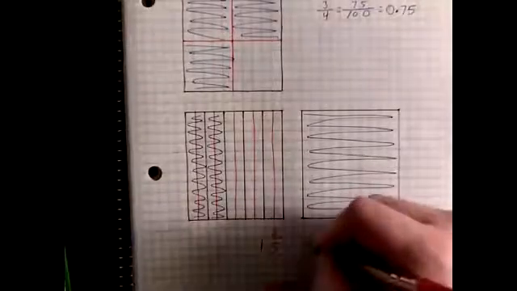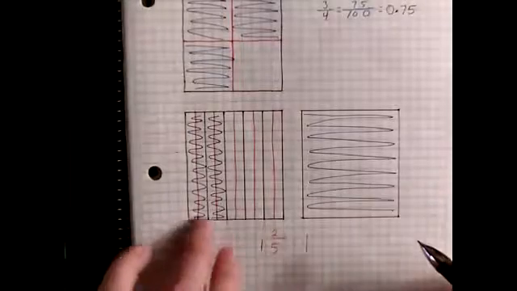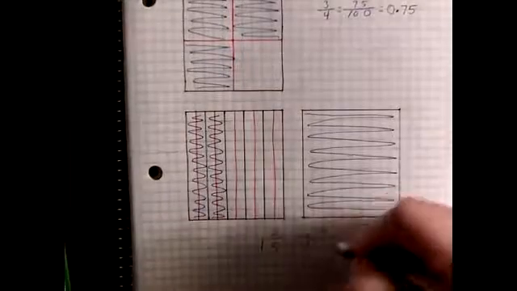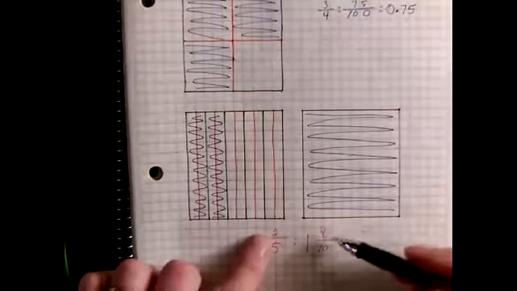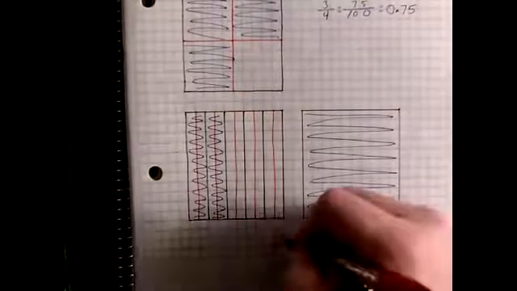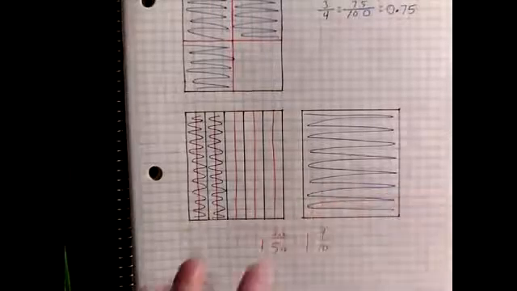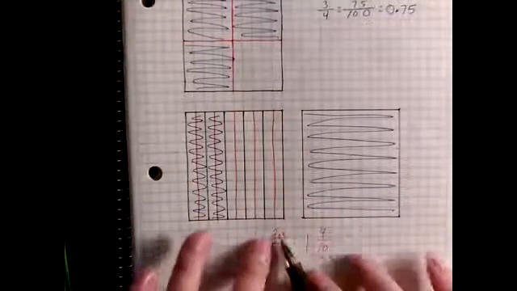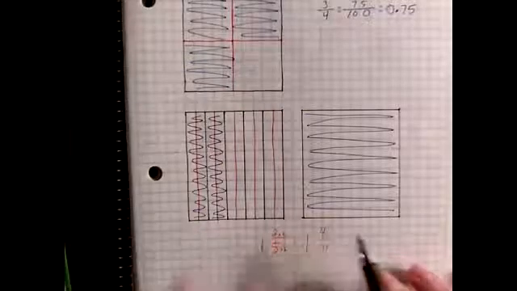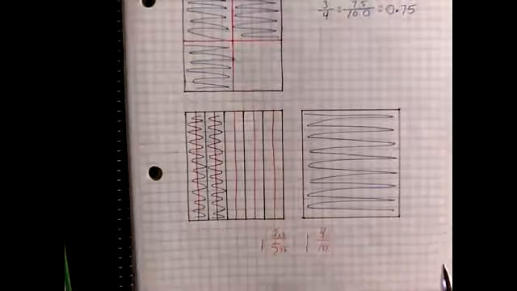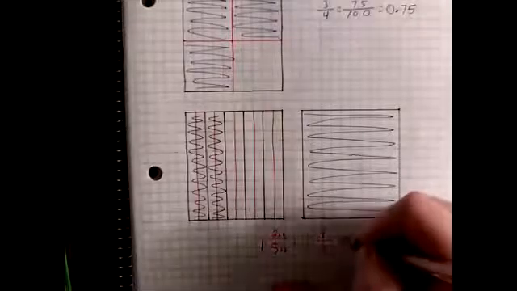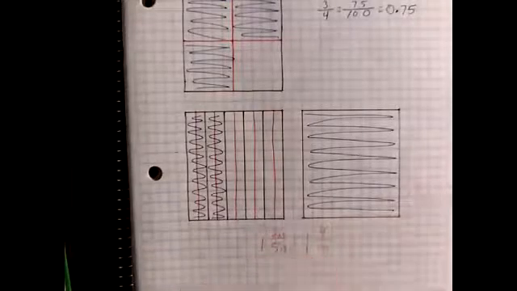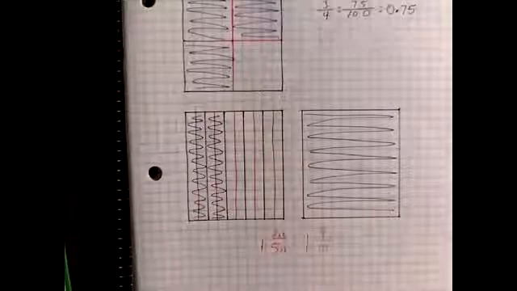I still have 1 whole. Now all of a sudden I have 4 of 10 shaded in, which, by the way, is equivalent, because if I multiply by 2 from the top and the bottom, 5 times 2 is 10, 2 times 2 is 4. Okay, so what we did is we just made an equivalent fraction. Now, if I have 1 4/10, how would I put that as a decimal?